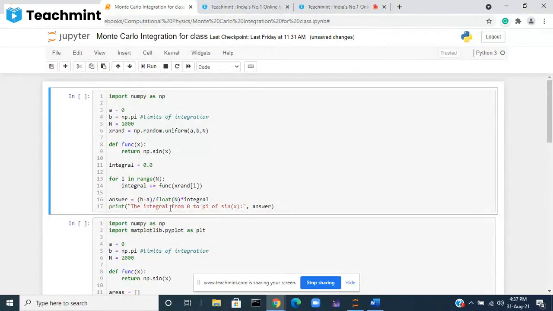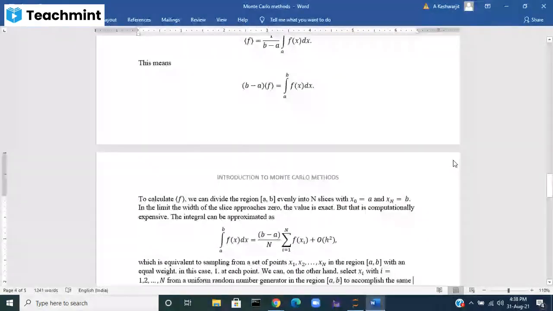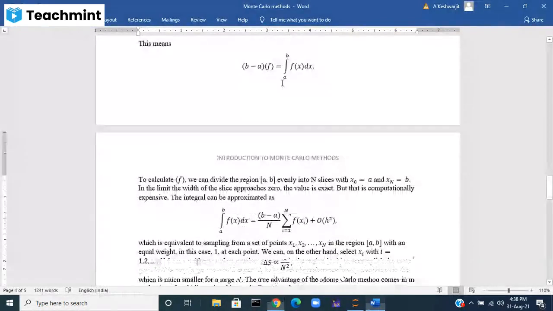We can calculate the integral of sin x from 0 to pi using the mean value theorem, like this.